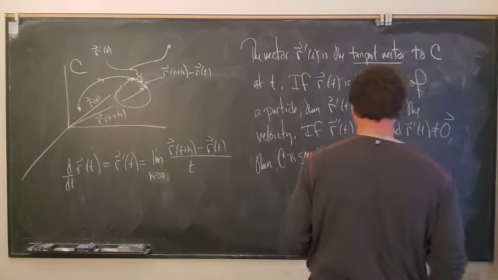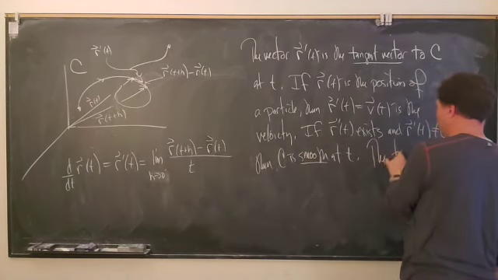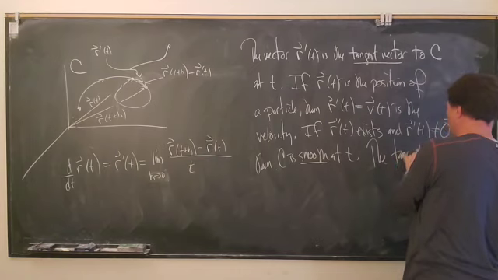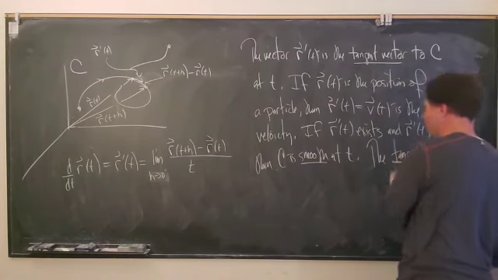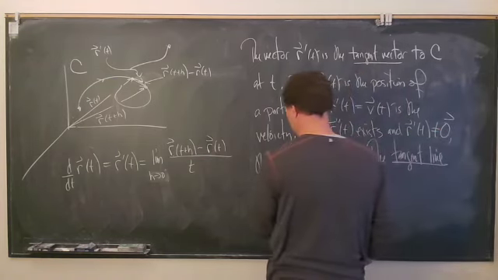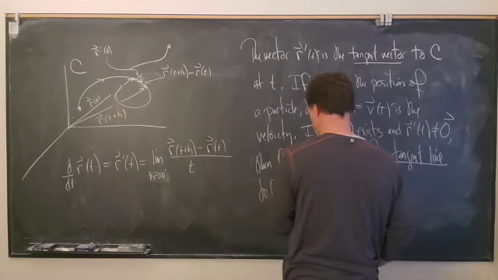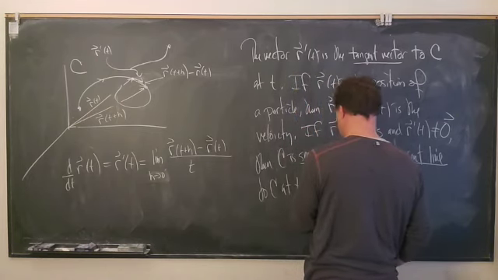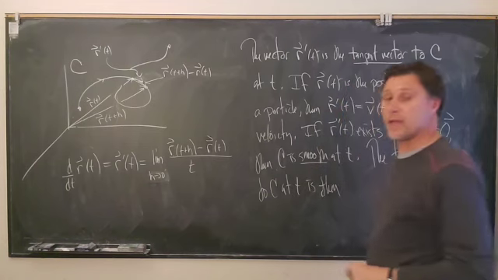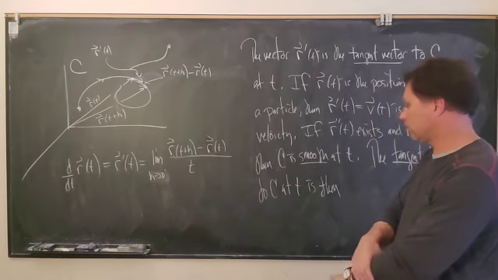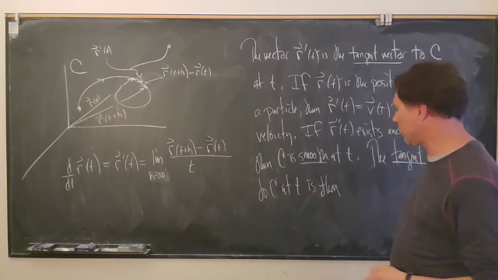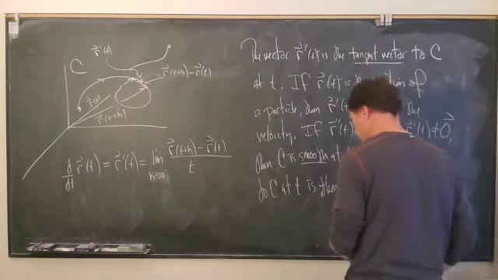One more thing, the tangent line to C at t. Remember, if we're working in R3, any line needs a direction vector and a point that it passes through.